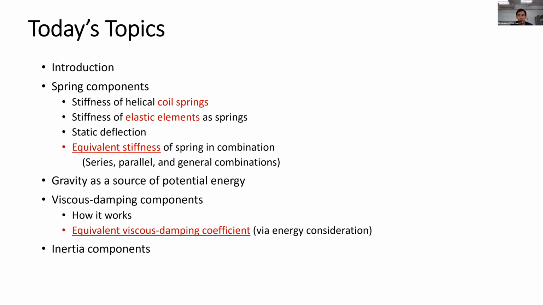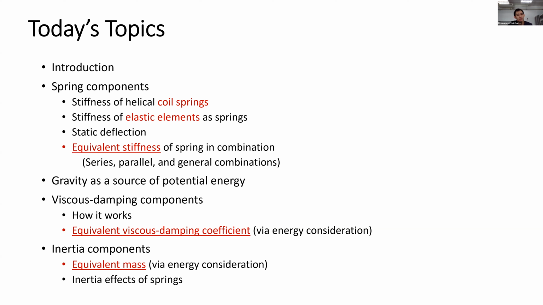So today we're going to see how it works, and why the damper has this property, that the force varies with the velocity of motion. And for the inertia component, how can we obtain the equivalent mass of the system when we have more than one inertia component in the system?